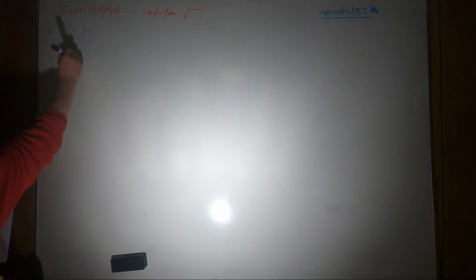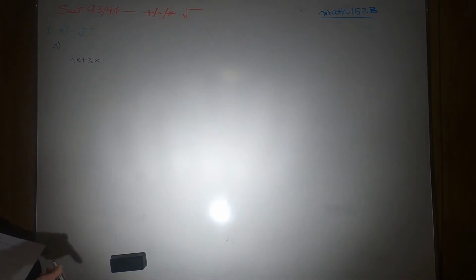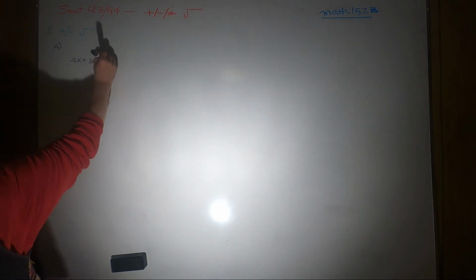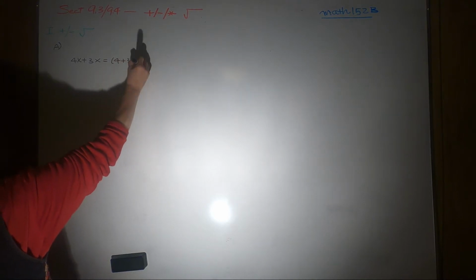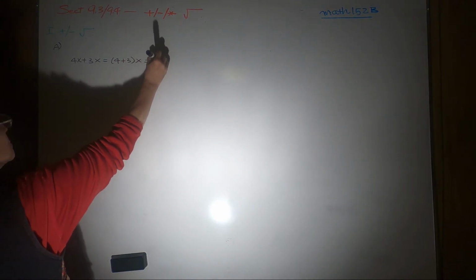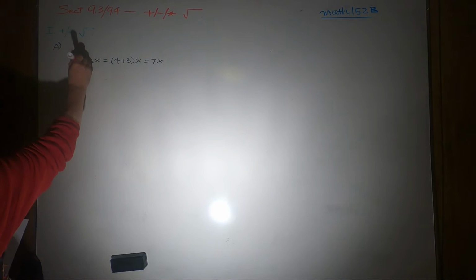What do you think if we have 4x plus 3x? Automatically you will think 7x, right? Then how do you get a 7? You will subconsciously add your 4 and 3, so you use the distributive property. What are like terms?